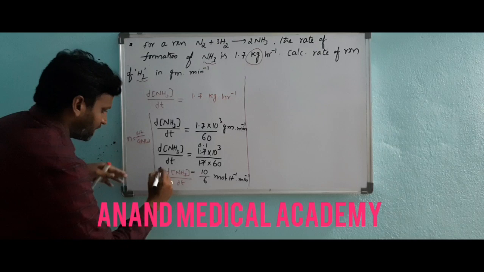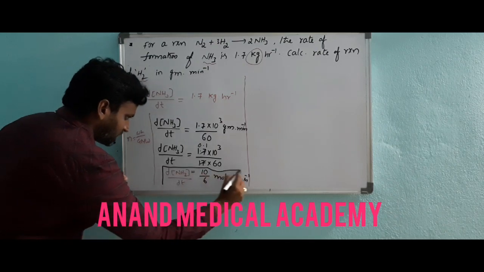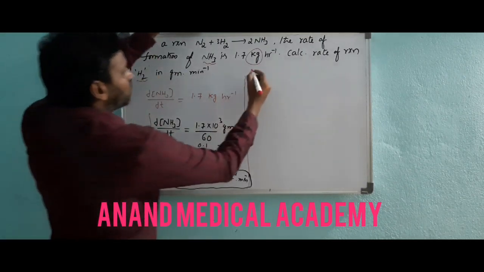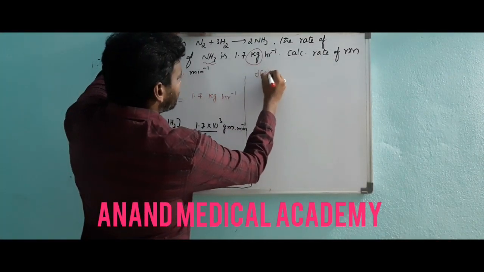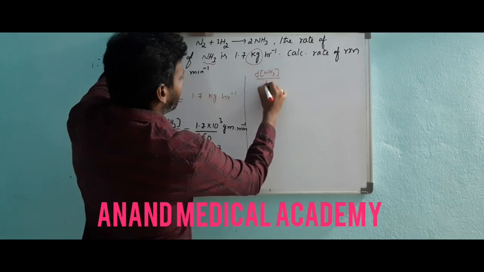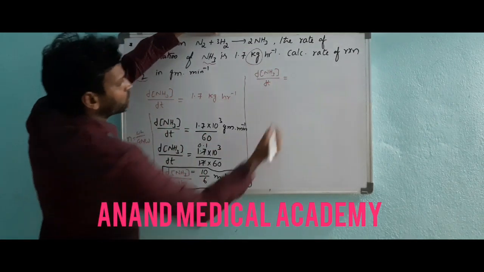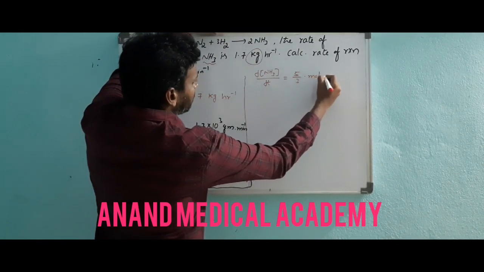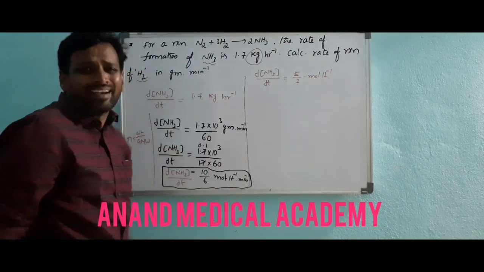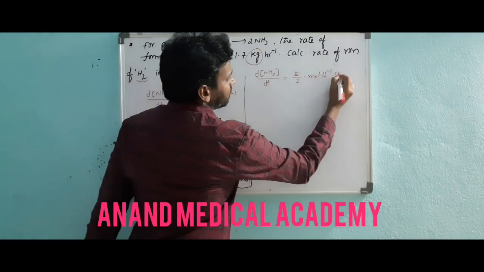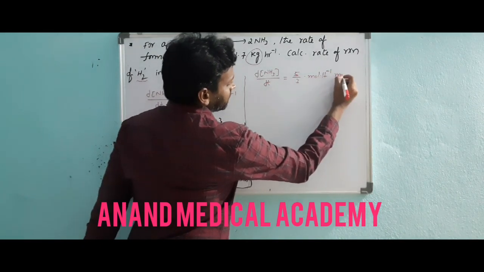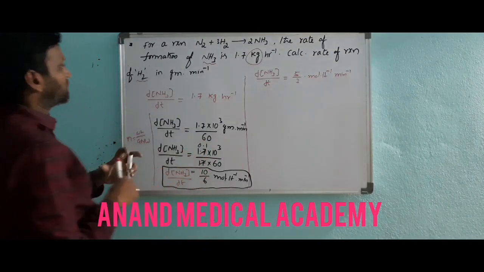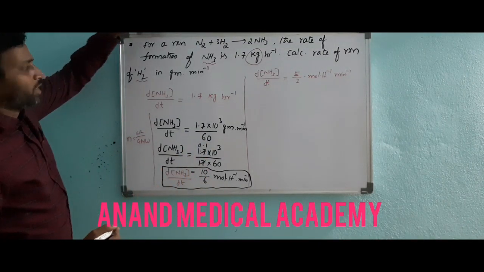How much? 10 by 6. 10 by 6 means how much? 5 by 3. So you have d concentration of NH3 by dt equal to 5 by 3 mole liter inverse minute inverse. Got it?